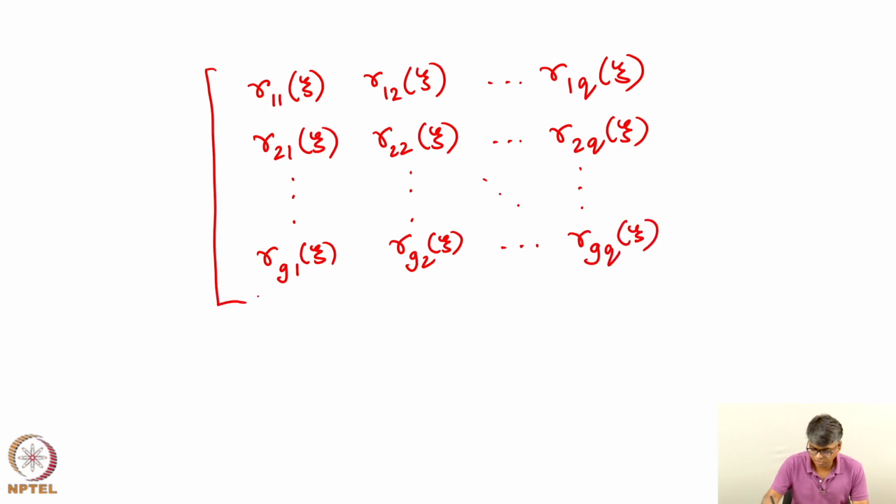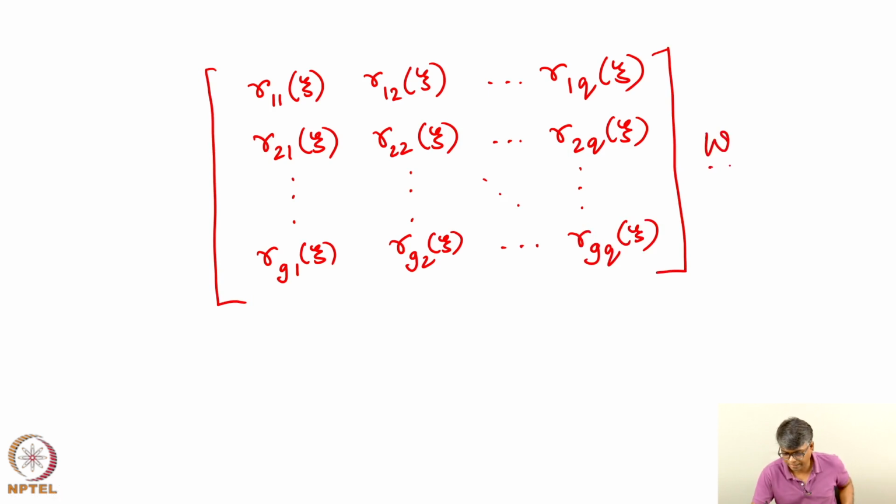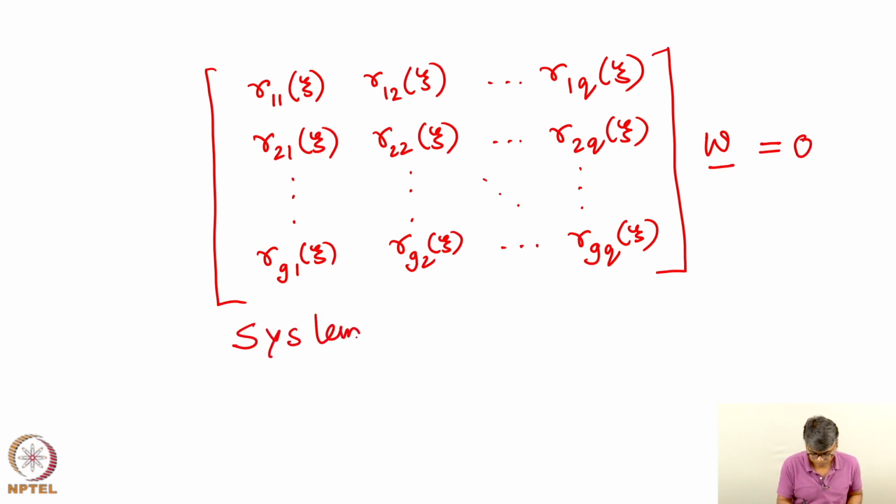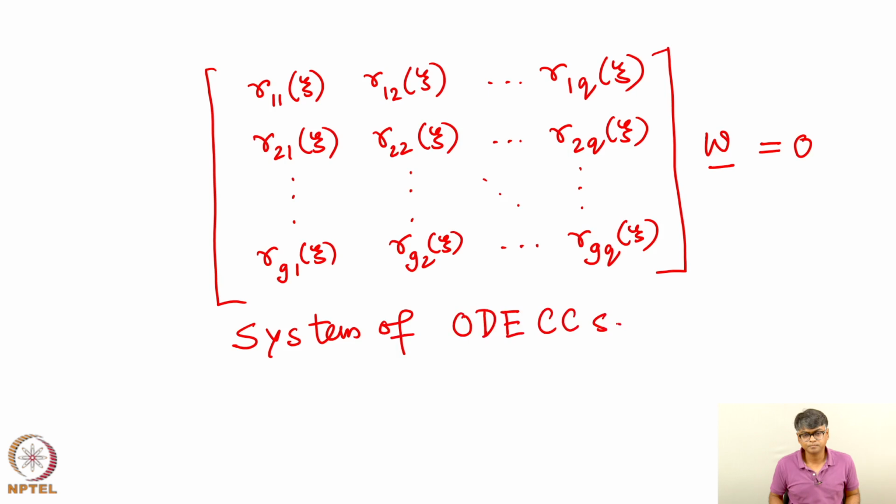That's a matrix of polynomials that can act on a vector of trajectories and can produce a 0. That's a system of ordinary differential equations with constant coefficients.